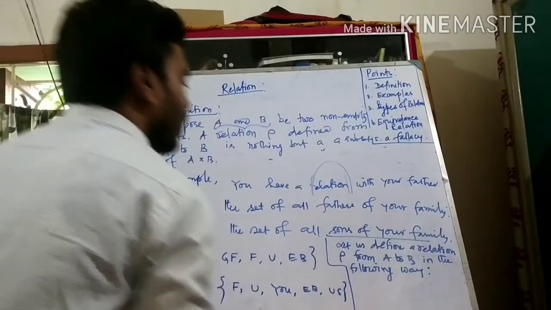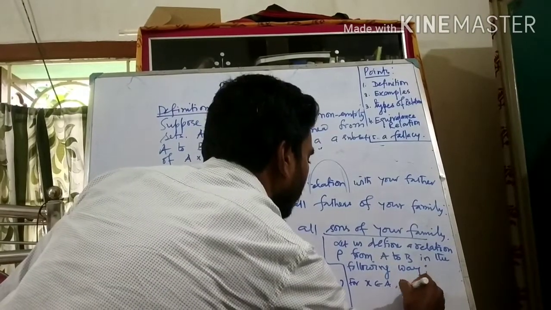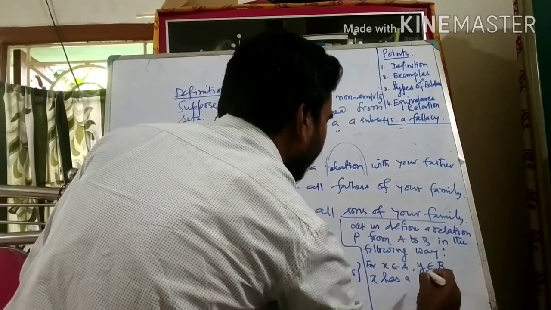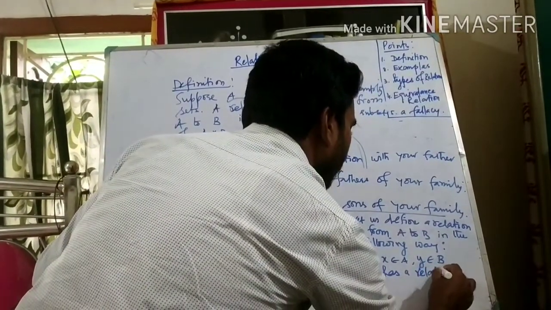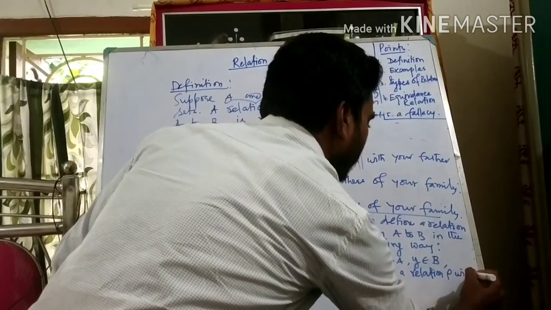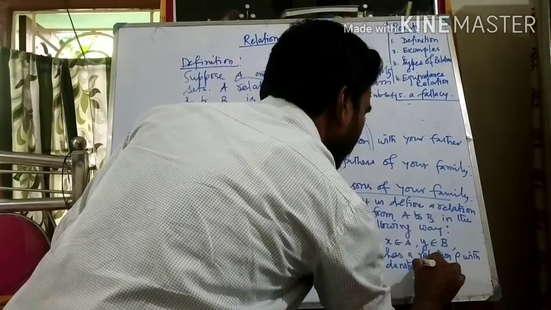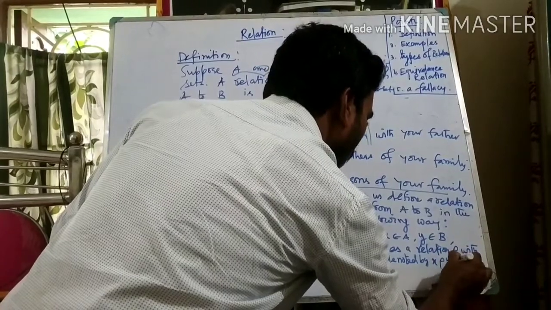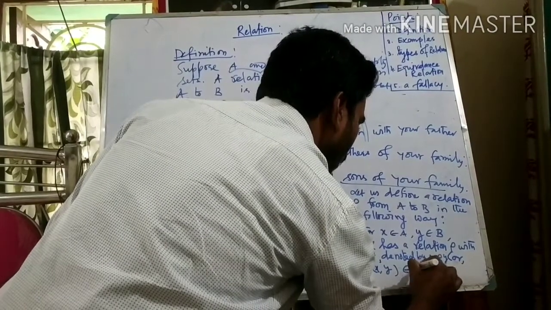For x belongs to A, y belongs to B, x has a relation rho with y, denoted by x rho y or its equivalent form (x, y) belongs to rho.